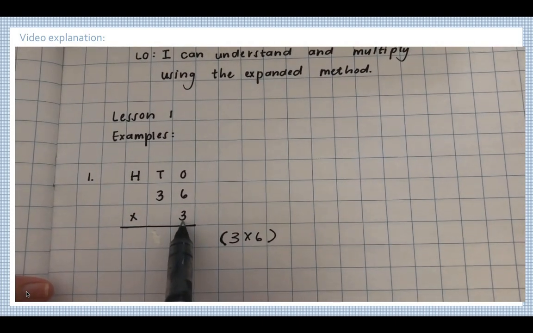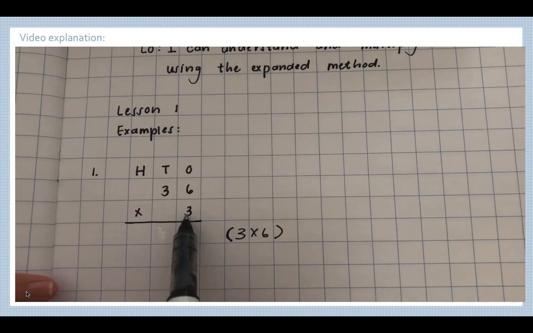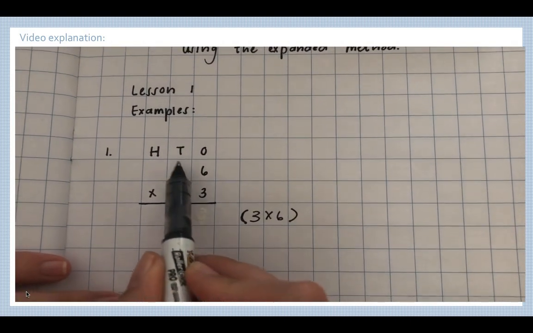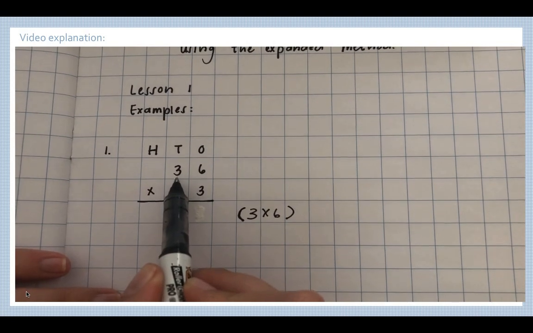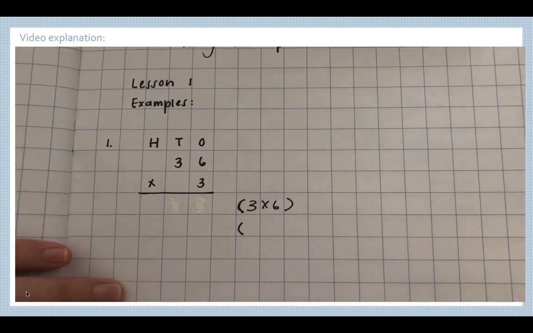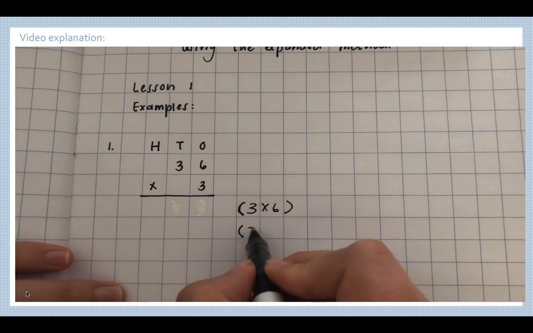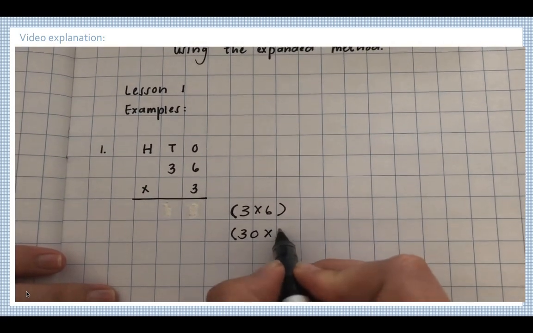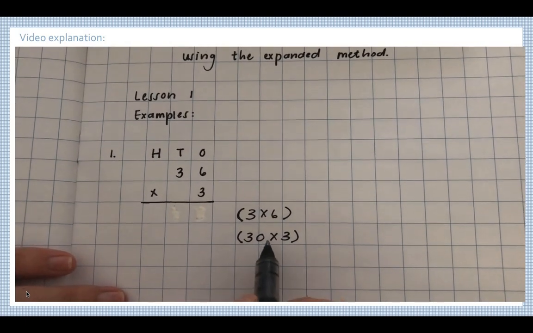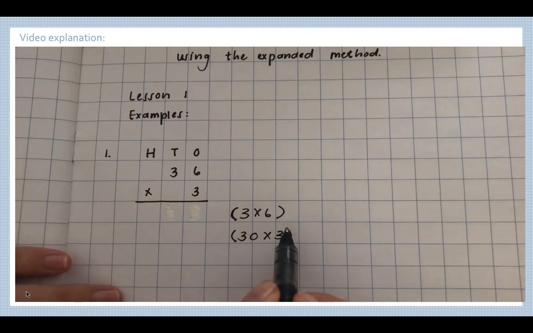So your next step is where you're going to multiply your ones by your tens. Remember that this is going to be 30 and not 3 because it's in our tens unit. So you're going to use another bracket and write down 30 times 3. Now you are going to use this to get the answer.